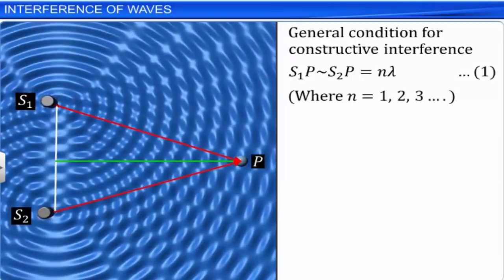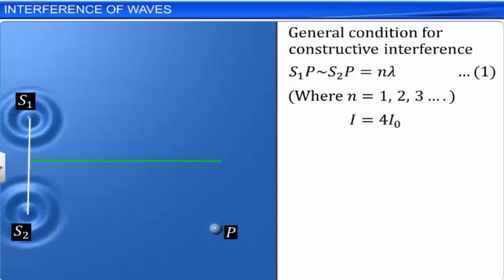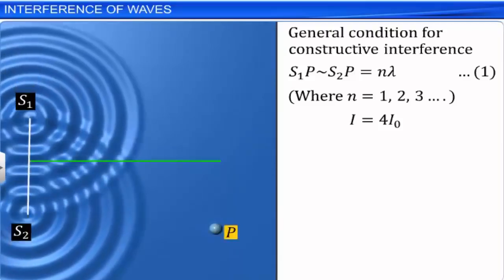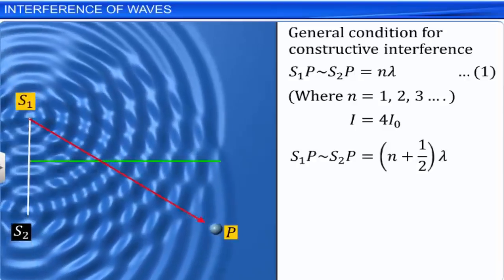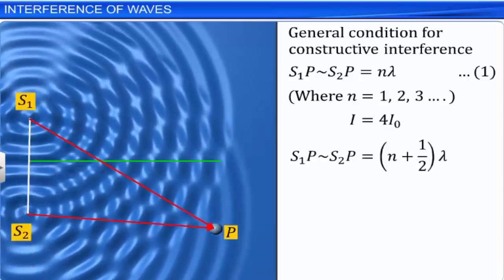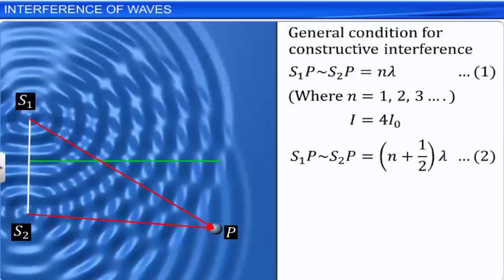At the point of constructive interference, the resultant intensity is 4 times the individual intensities. If the point P is such that the path difference between S1P and S2P is equal to (n plus half) into lambda, where n is a positive integer, then we will have destructive interference. Let this be equation 2. For destructive interference, the resultant intensity is equal to 0.